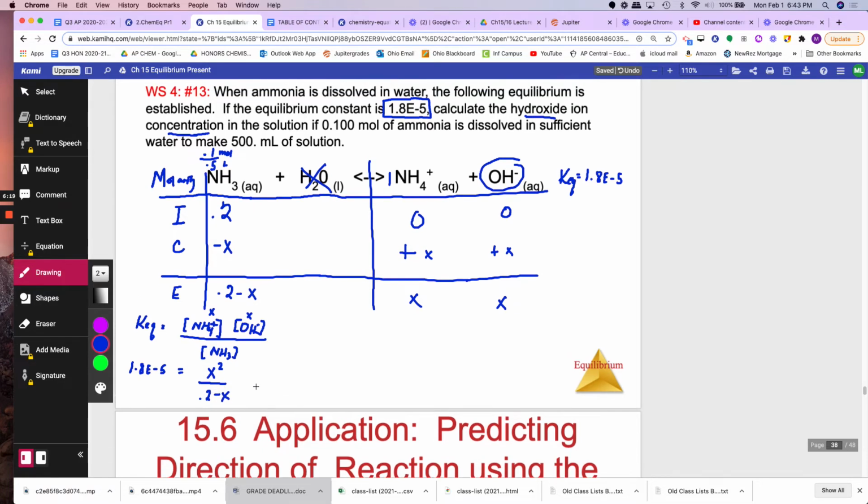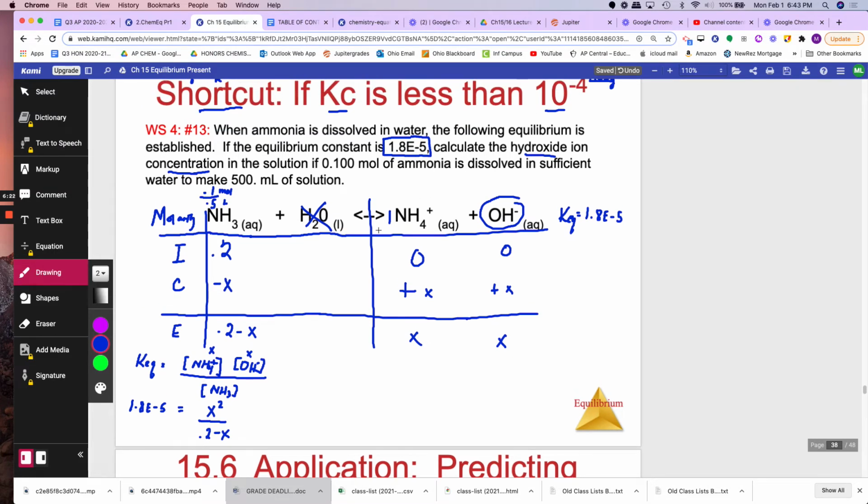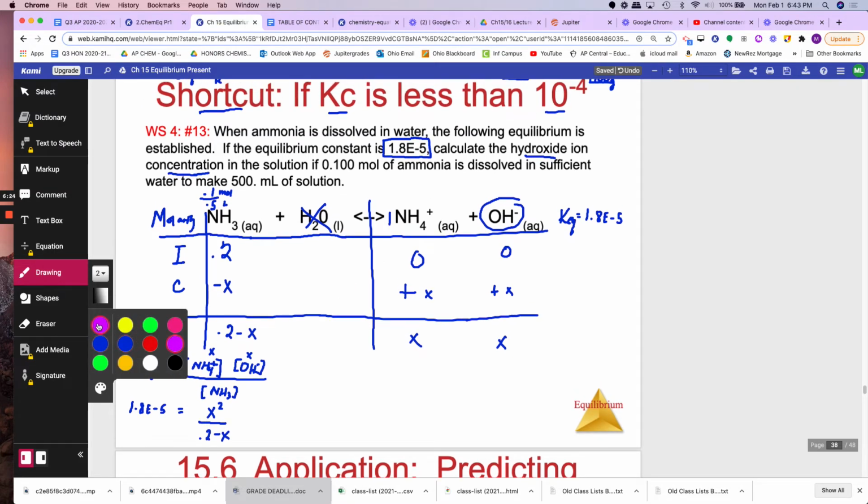but the shortcut is this. Noticing that this number right here that you're using is very, very small.